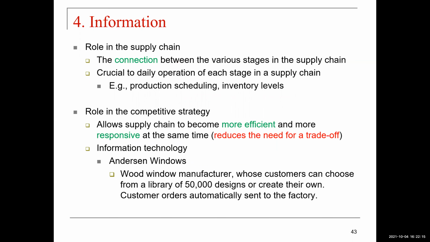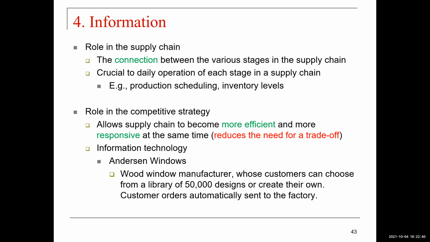Information, the role in the supply chain, the connection between the various stages in the supply chain. This is crucial to daily operations of each stage in the supply chain, for example, production, scheduling, and inventory levels. The role of information in the competitive strategy: this allows supply chains to become more efficient and more responsive at the same time.